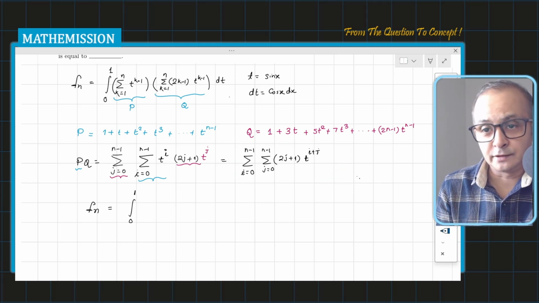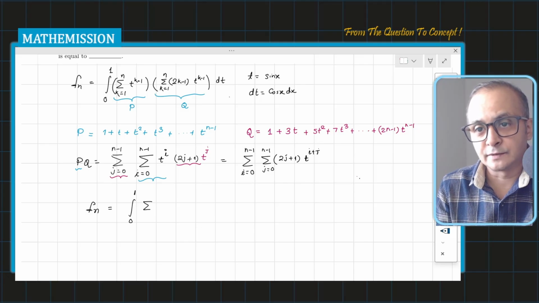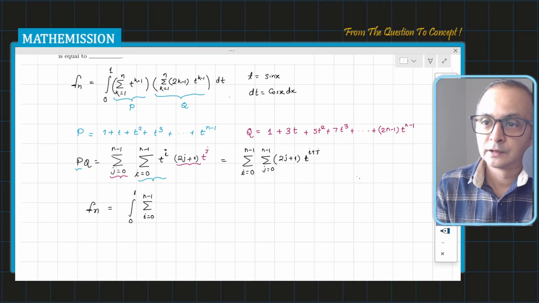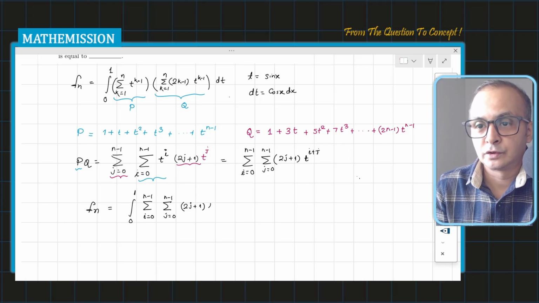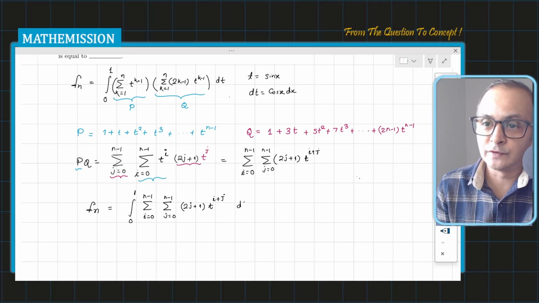So let's substitute it here. This is going to be summation i goes from 0 to n minus 1, and summation j goes from 0 to n minus 1, and that is going to be 2j plus 1 into t to the power i plus j, and there is dt because we are integrating.